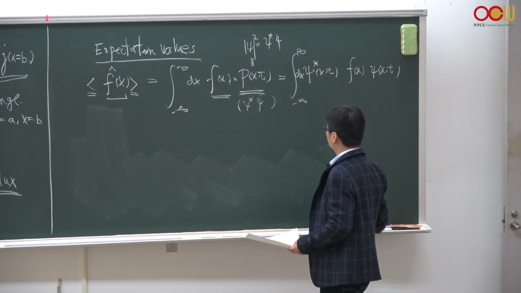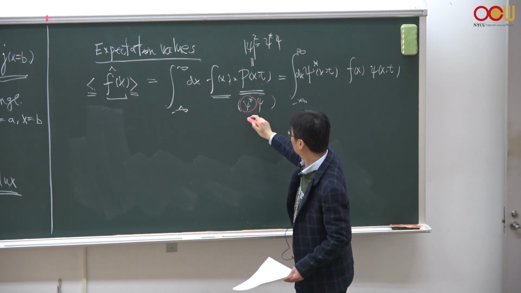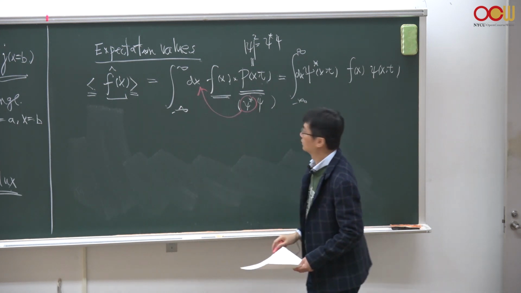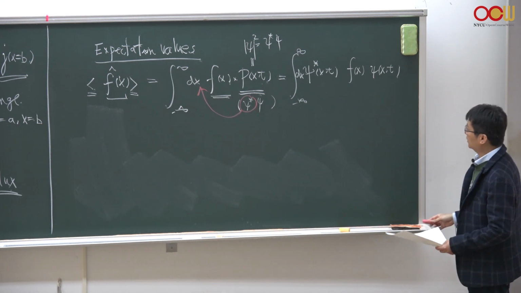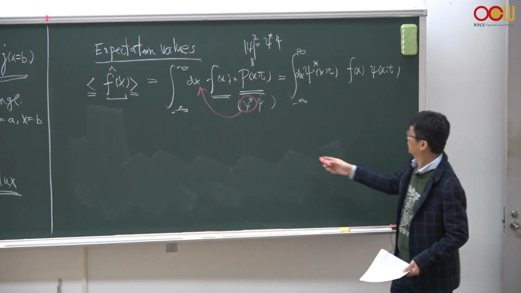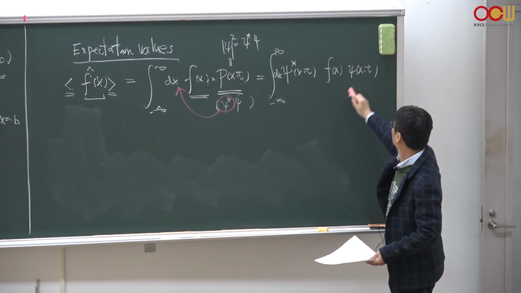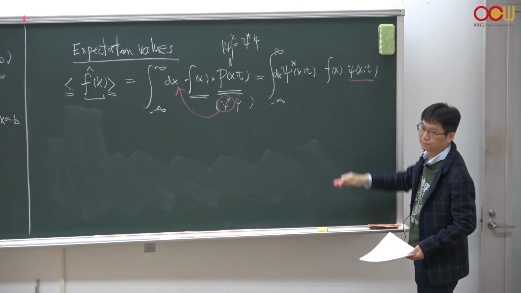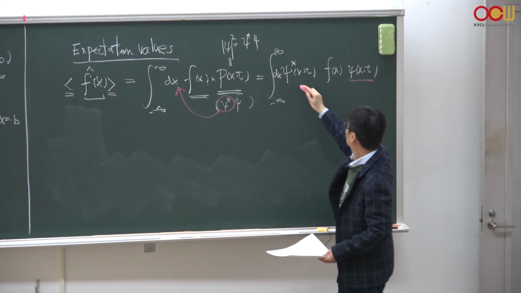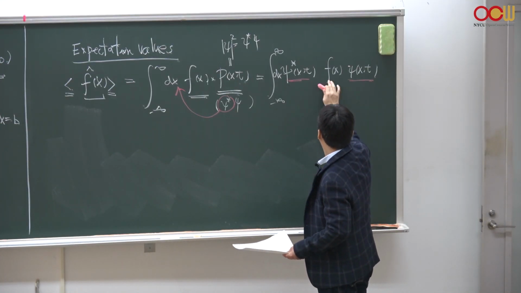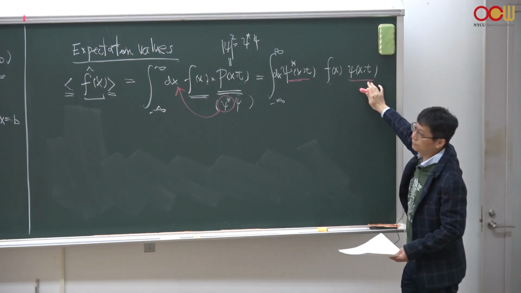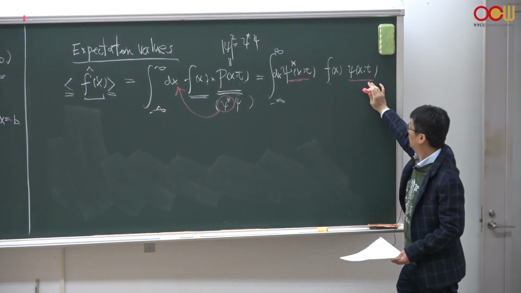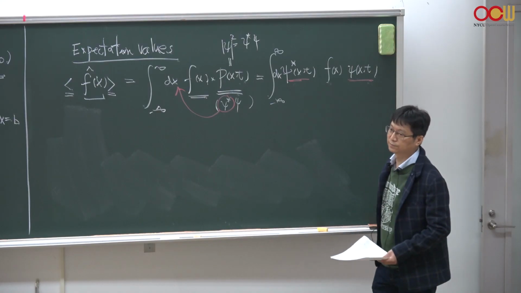You should really move this psi star to the left of this f of x function, and this psi should remain on the right. So in other words, you should sandwich this f of x by psi of x on the right and psi star on the left.